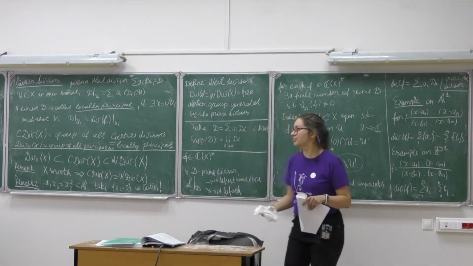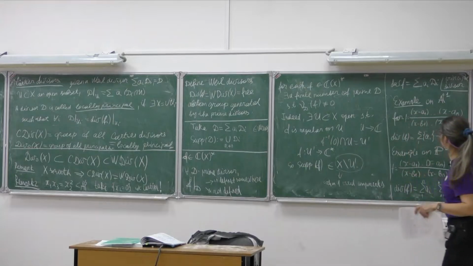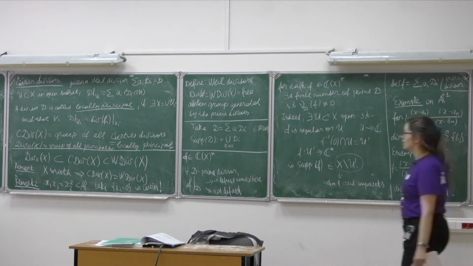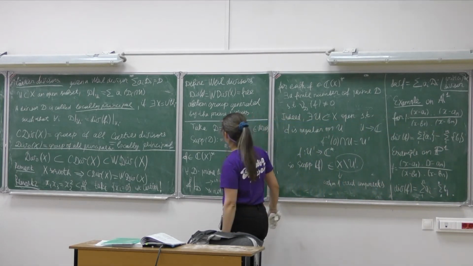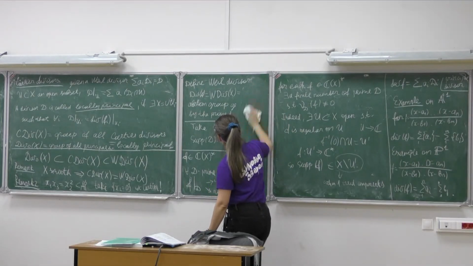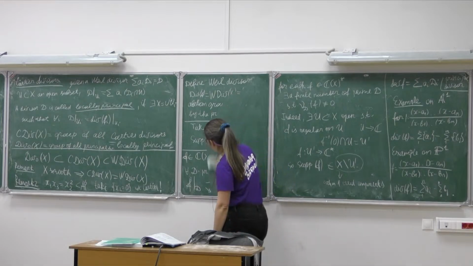You see that on the examples on P1 and on A1, these groups are quite huge. There are many notions today, but there is no way to avoid it.